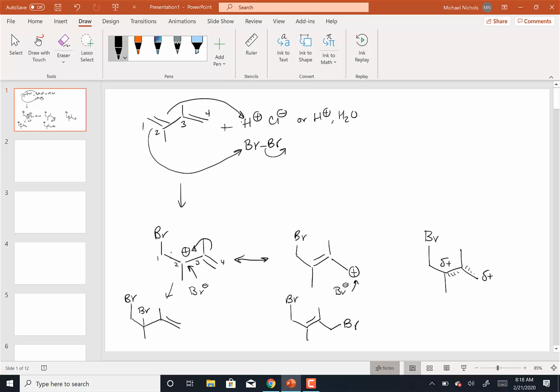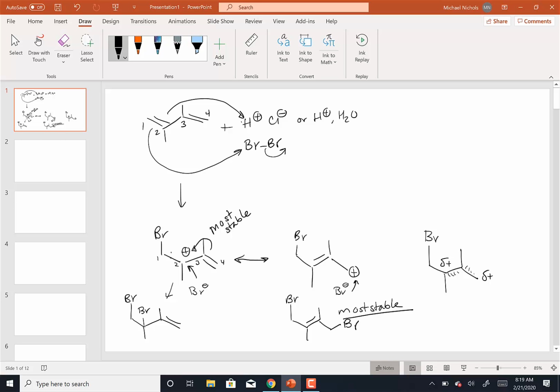Then, which is the most stable carbocation? The tertiary one. What is the most stable alkene? The one that has the 4 groups attached to it. So we choose from the intermediate which one is more stable. We choose from the product which one is more stable.